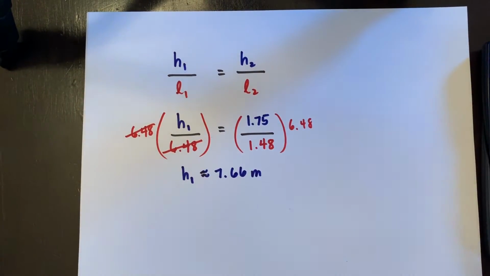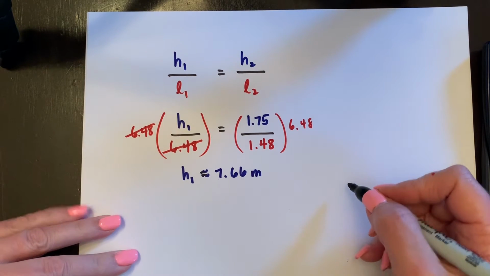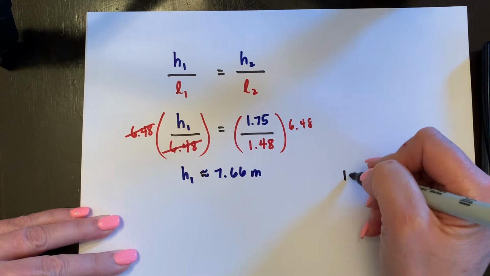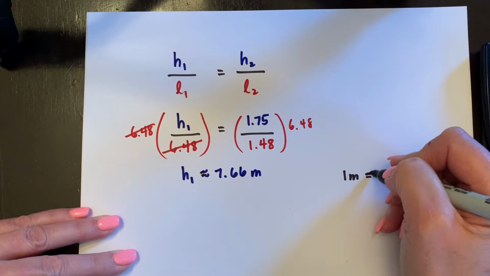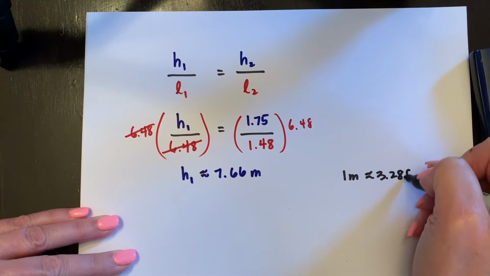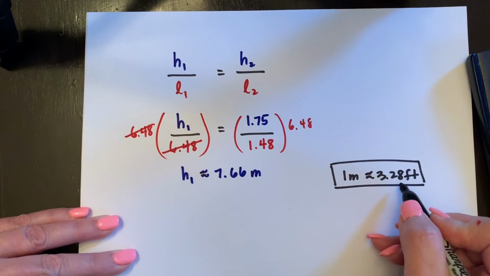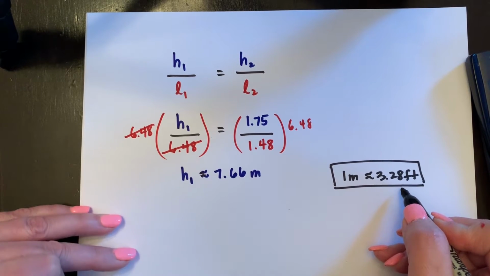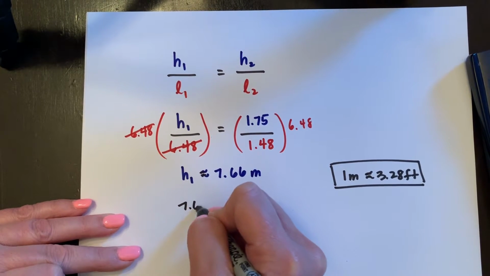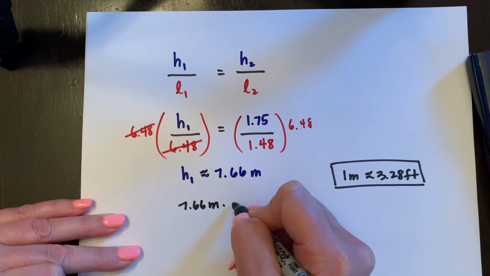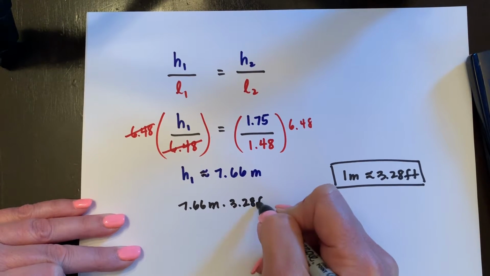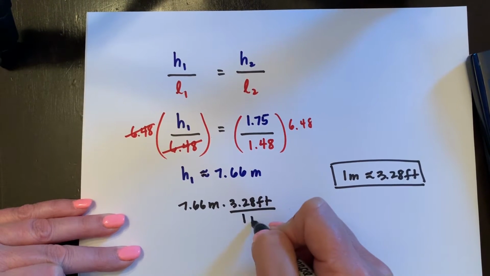So what does that mean in terms of feet? Well, we know that 1 meter is about 3.28 feet. And so we can use this conversion ratio, saying that we have 7.66 meters, multiply that by 3.28 feet for each meter.